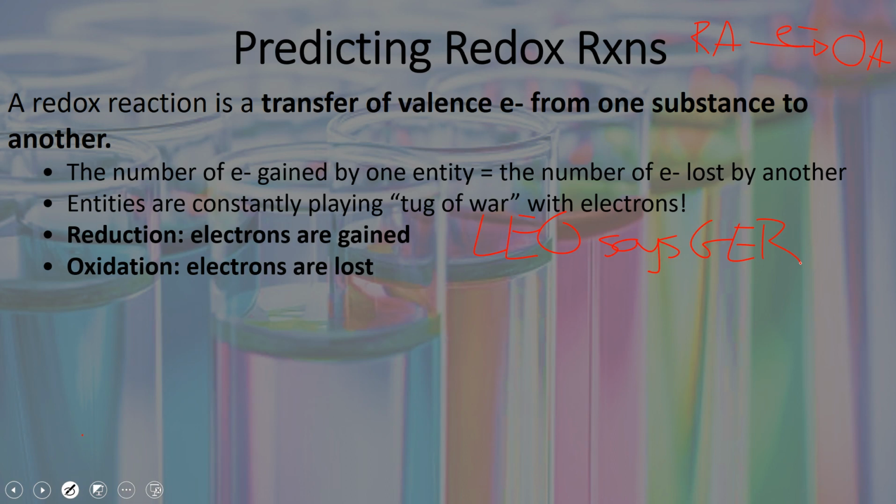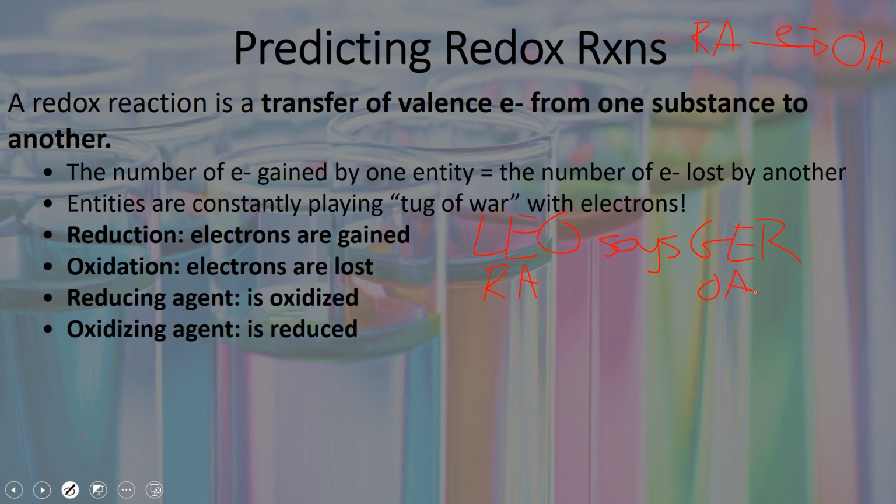From that, we also figured out that if you are losing electrons and being oxidized, you threw your electrons away, which means you're causing another substance to be reduced, to gain electrons. So we call that the RA. And if you're gaining electrons, you're causing the loss of somebody else, so you are the oxidizing agent. So the reducing agent is oxidized and the oxidizing agent is reduced.